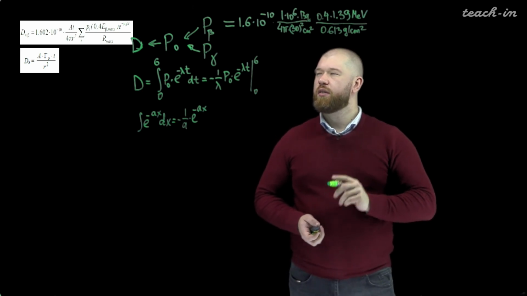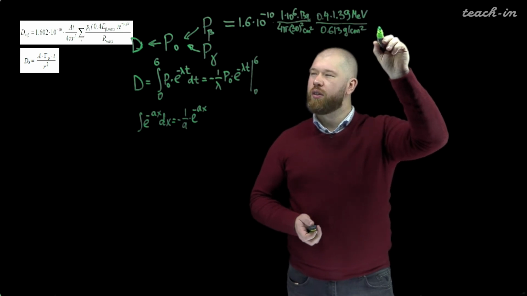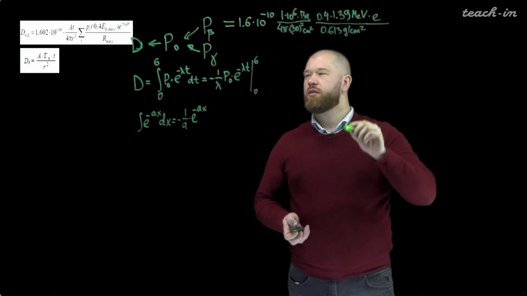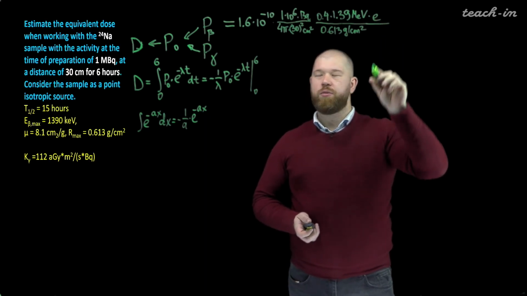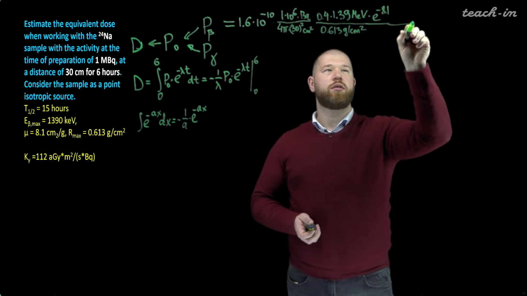And then we multiply it by the exponent with minus 0.1.